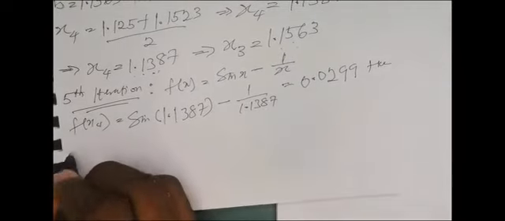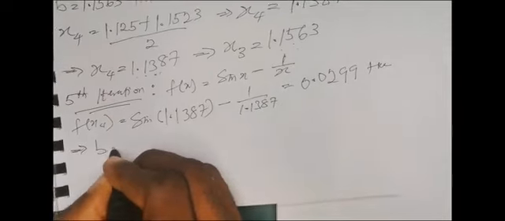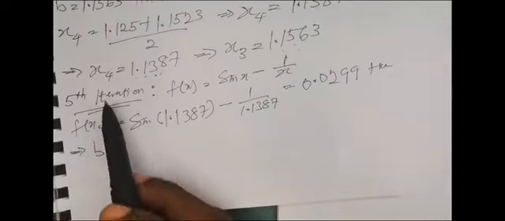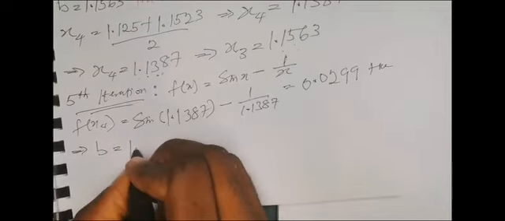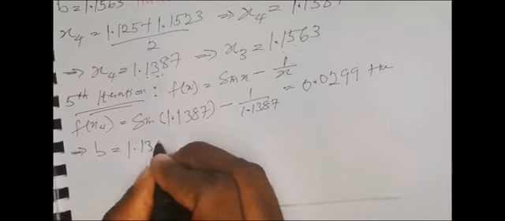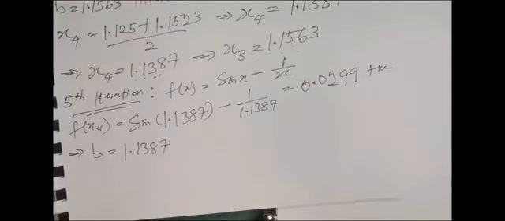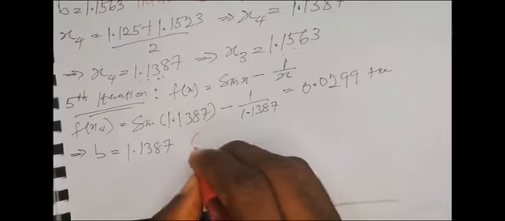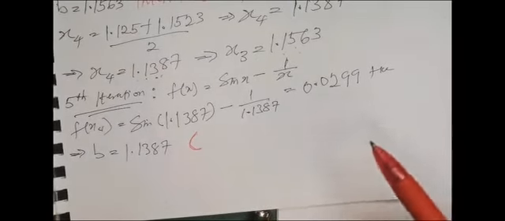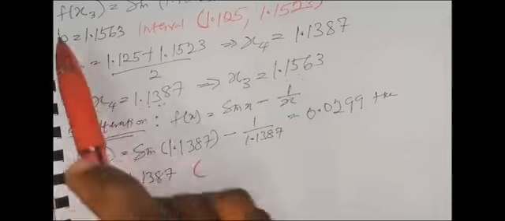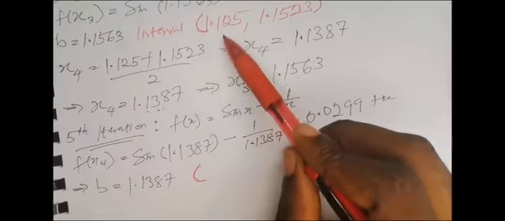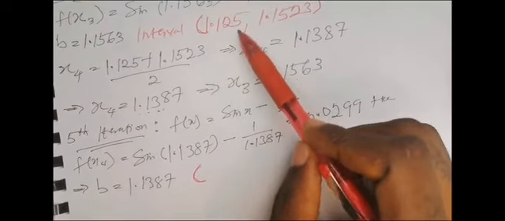Since it is positive, it simply means that b is now going to be called s4, and s4 is 1.1387, so we form our new interval. From the previous interval we had 1.125 for a, so a still remains.